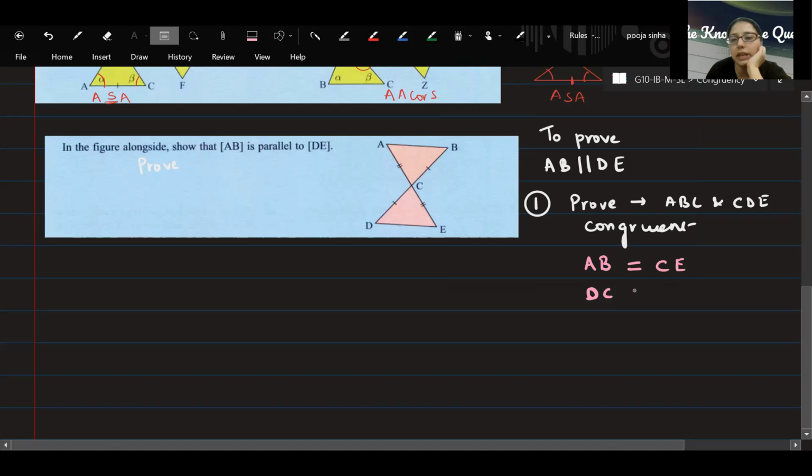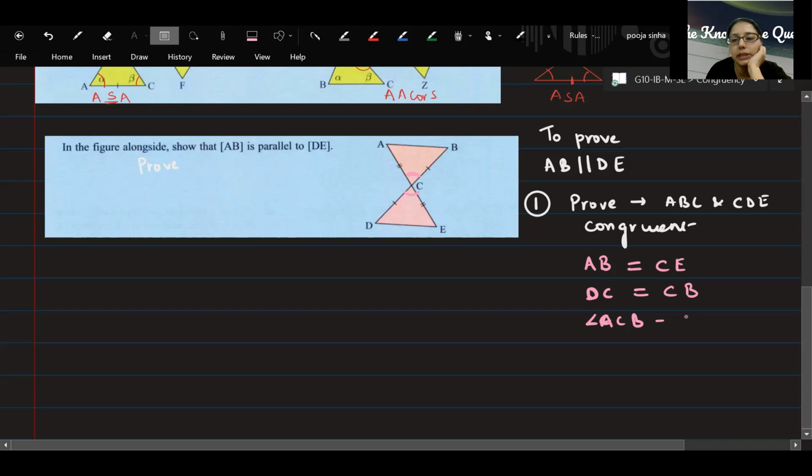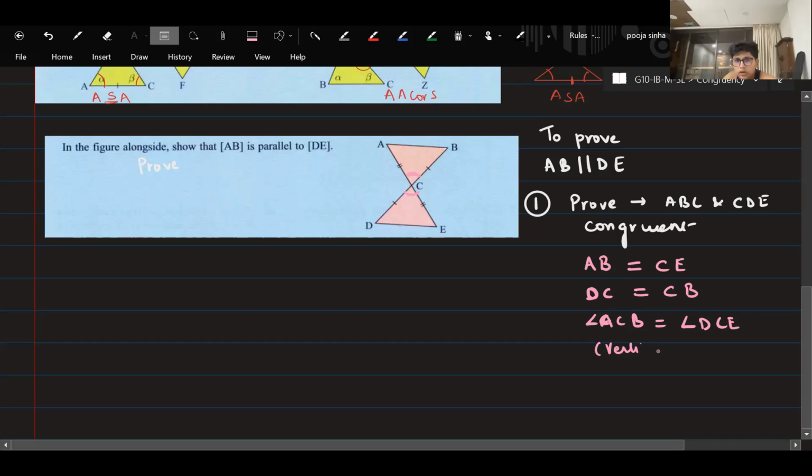So DC is equal to CB. These two are sides which are there. And angle ACB is equal to angle DCE. Why? Because they are vertically opposite angles.